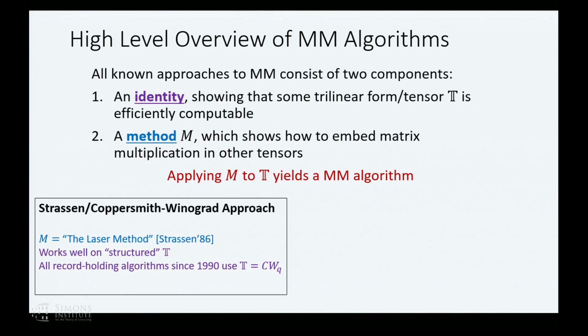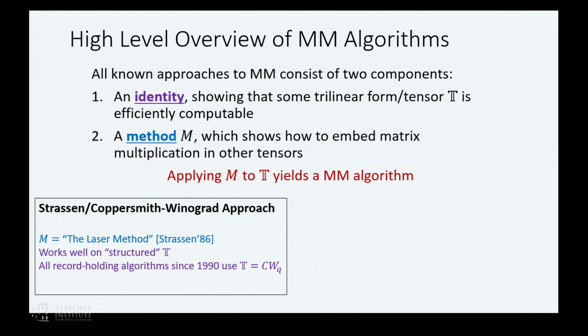There are roughly two approaches which yield the current best bounds on matrix multiplication algorithms. The first one is the Strassen / Coppersmith-Winograd approach, where the method is the so-called laser method, which I'll briefly explain later on.